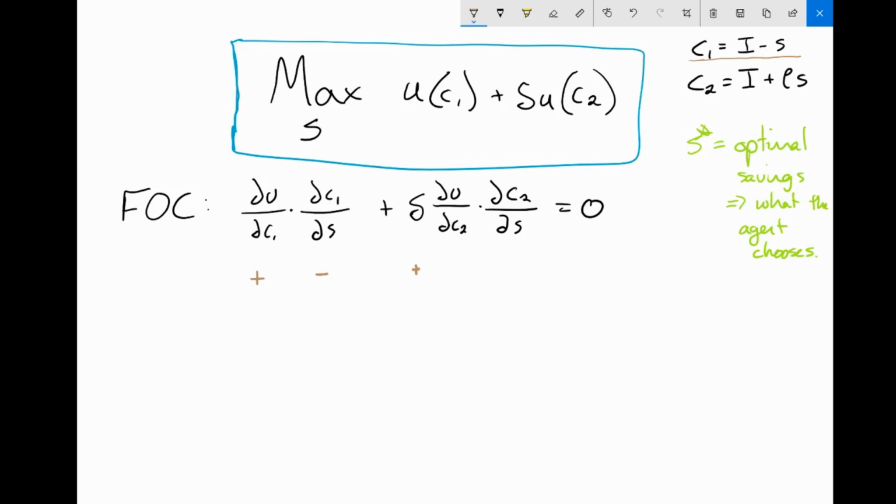All right, again, how does utility change given a change in consumption? Well, if consumption in the future goes up, my utility will go up, so that's positive. We always know that the derivative of a utility function with respect to consumption is positive, right? That's one of the features of a utility function. It's an increasing function.